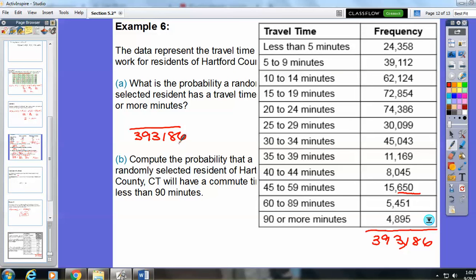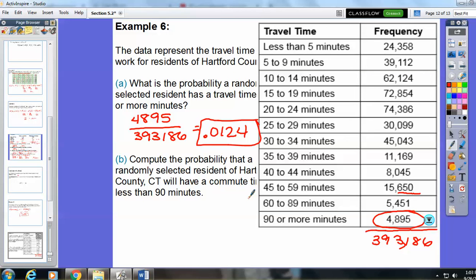All right, and I wanted 90 or more minutes, so I have to take the 90 or more and divide them. And then I get 0.0124.